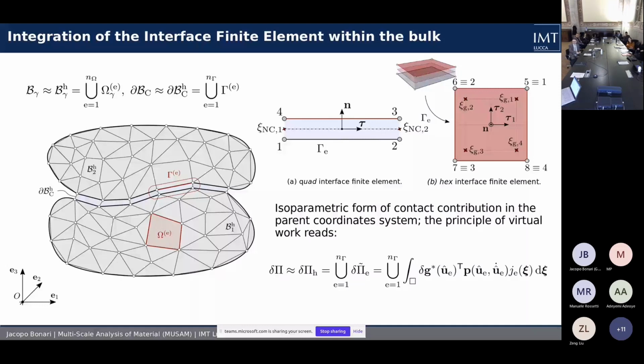So once we know both this quantity and the forces at the interface, we have all the ingredients that are necessary for the solution of our problem. As we can see here, there is a relation between the displacements, which are the unknowns of our problem, and the forces that are exchanged at the interface.